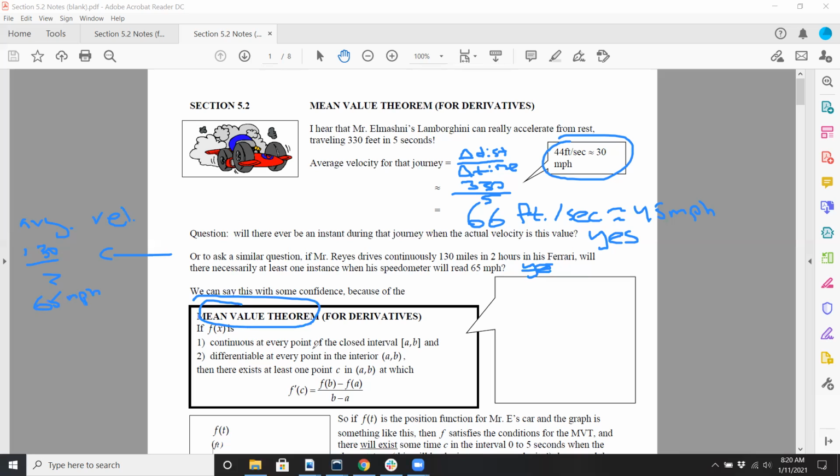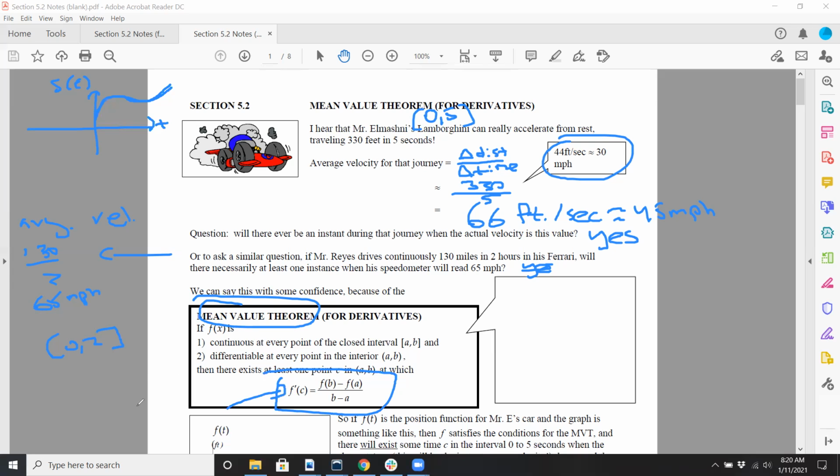If f of x is continuous at every point on the closed interval, in this case going from 0 to 5 seconds, or from 0 to 2 hours for Mr. Reyes, and assuming you're continuous, so if you were to plot your position function, s of t, there's not going to be any breaks there, and we're differentiable at every point in the interior from a to b of our interval, so we have a nice smooth curve for our position function, then we can say with confidence that this is a true statement.